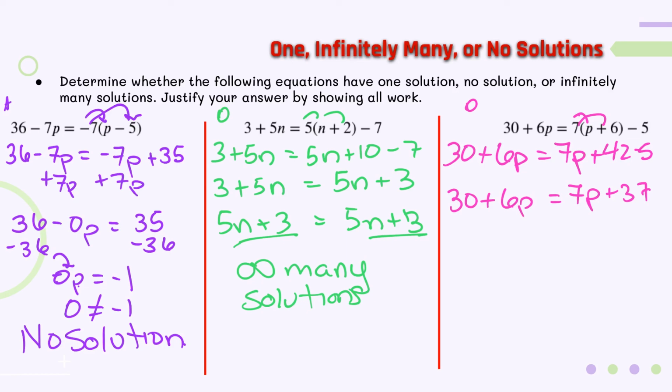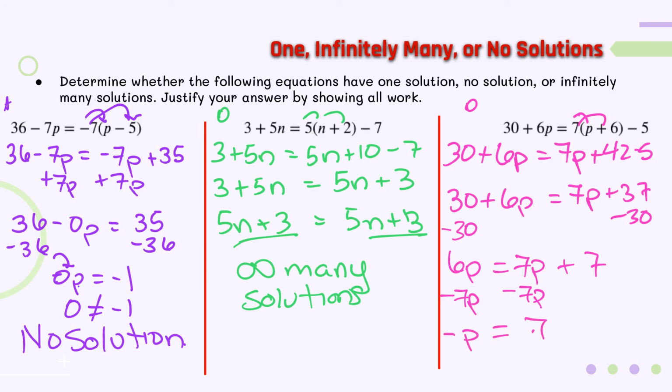So now I'm going to subtract 30 from both sides. I'm left with 6p is equal to 7p plus 7. Subtract 7p from both sides. I'm left with negative p is equal to 7. Divide by negative 1. p is equal to negative 7.